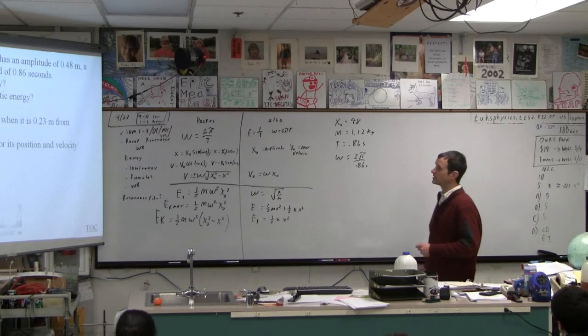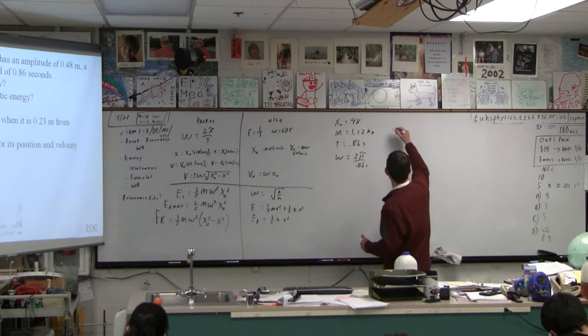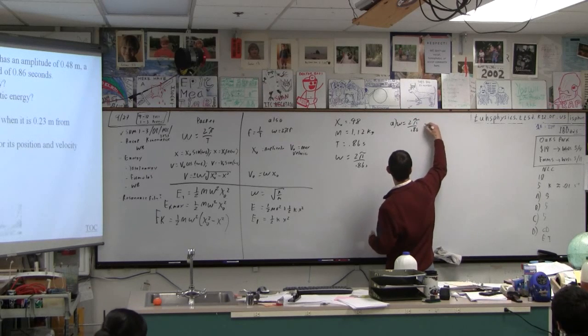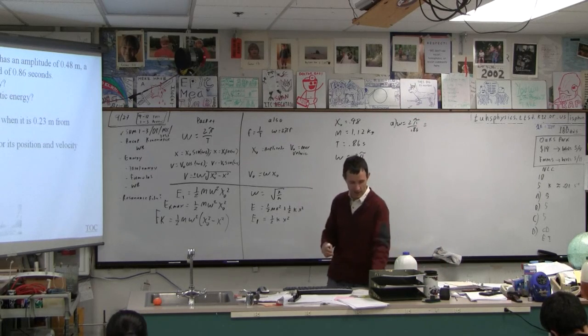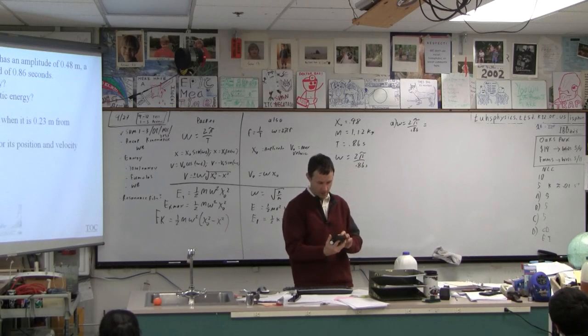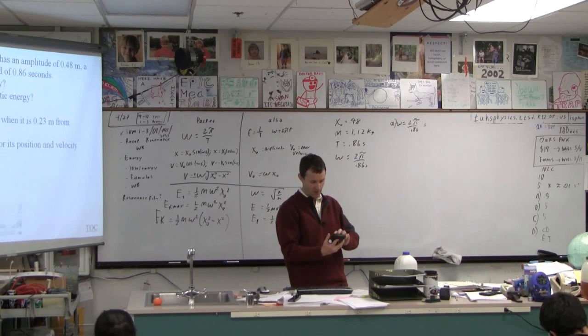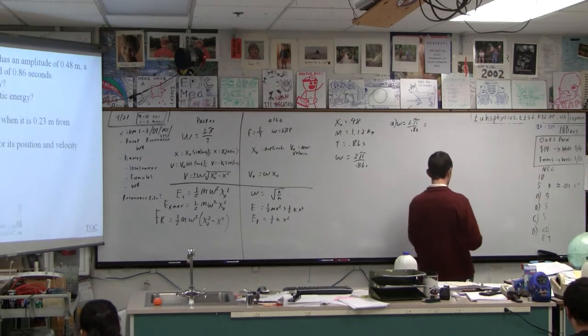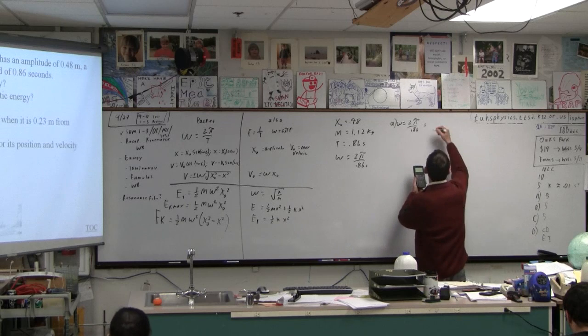So the first thing says, what is its angular velocity? Well, for A, its angular velocity omega is 2 pi over 0.86. And we could store this in our calculator. So 2 times pi divided by 0.86. And that's 7.306.